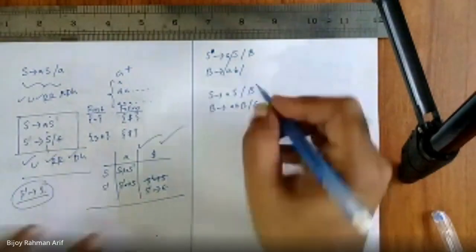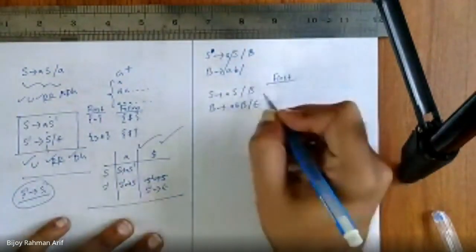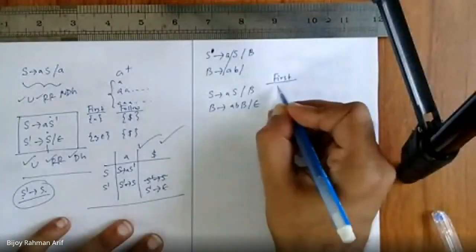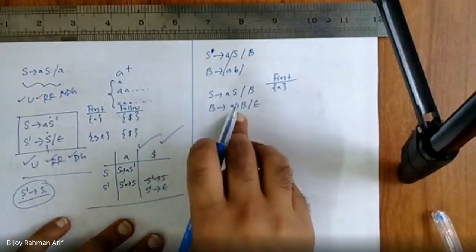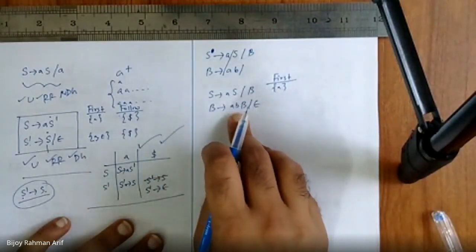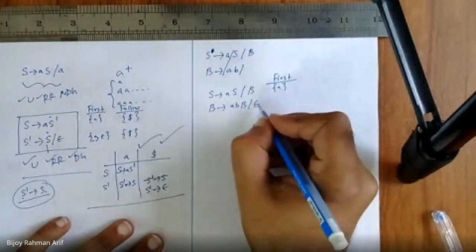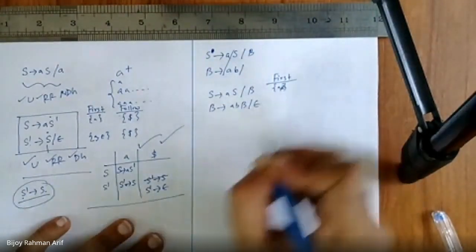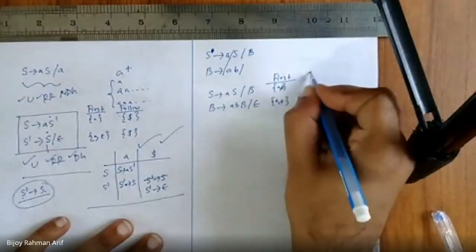Then what should we do? We have to find out first. So what is first of S? First of S is nothing but first of this, so A. And for this one, first of A is nothing but first of B, which is nothing but A. And if you put epsilon, then this one is also equal to epsilon. How about this? This one is also A comma epsilon. What is follow of this?